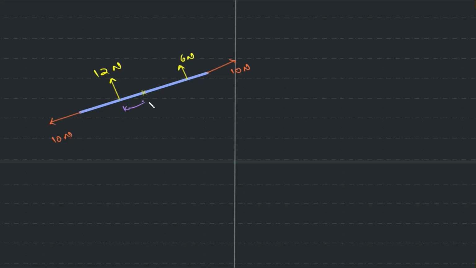If this length is x, this length is 2x. So basically we're looking at torque, right? The torques will counter each other and be 0. This is the example of the combined version.